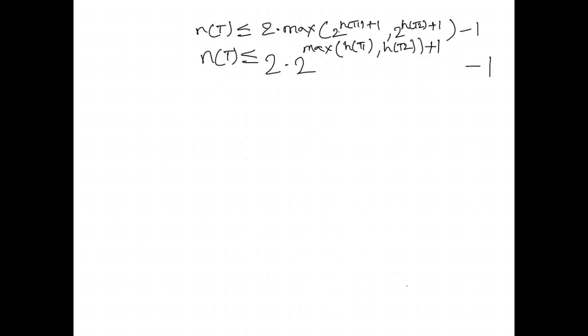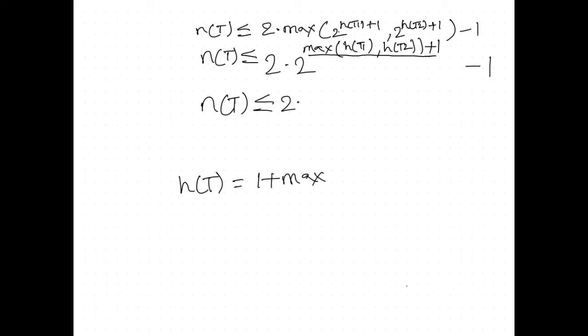Now n of T is always less than or equal to 2 into 2 to the power of max of h of T1 comma h of T2 plus 1, minus 1. We know that formula. What is that formula? H of T is equal to 1 plus max of h of T1 comma h of T2.